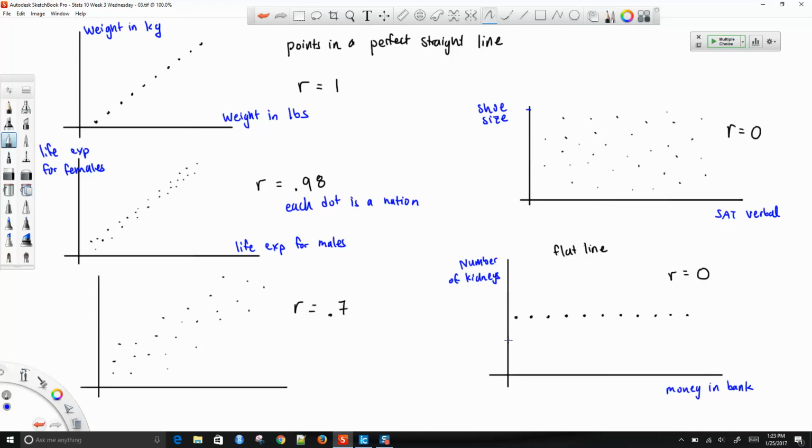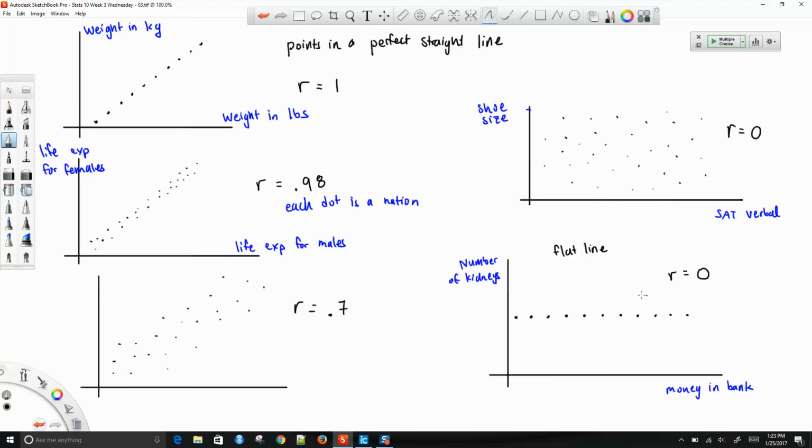Now, I realize some people may not have 2 kidneys, but in a small sample, this is what we might see. Somebody could have just sold their kidney, but in general, if you take a random sample, money in the bank has no relationship to the number of kidneys.